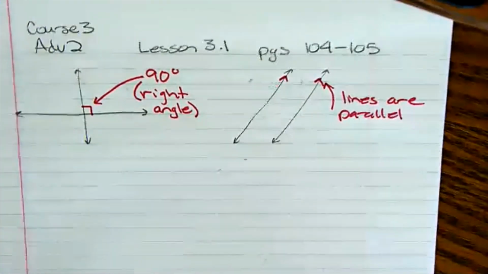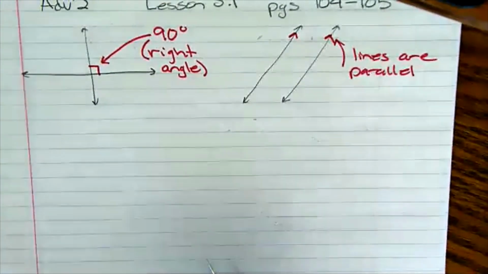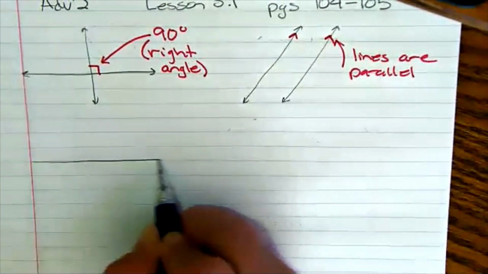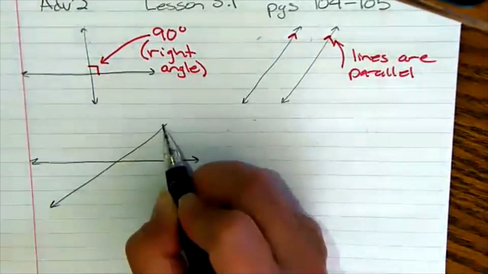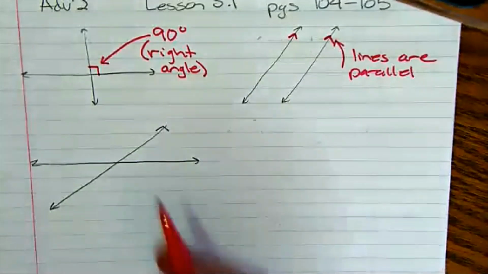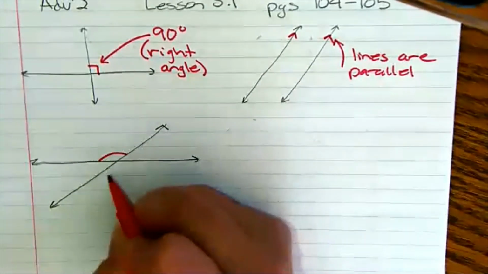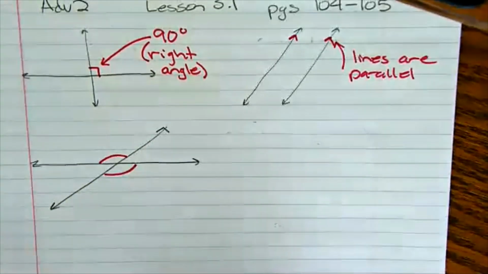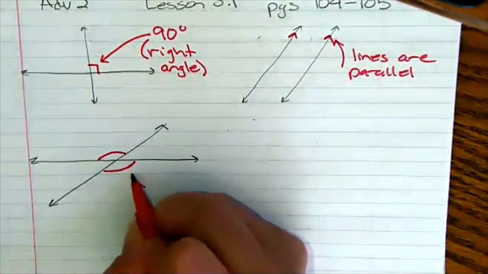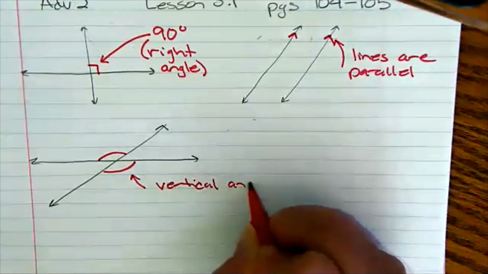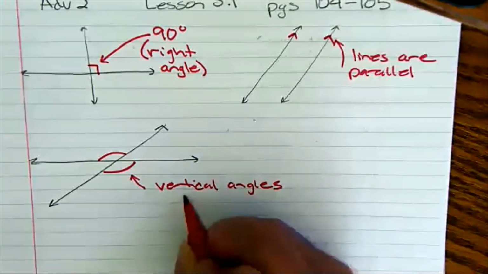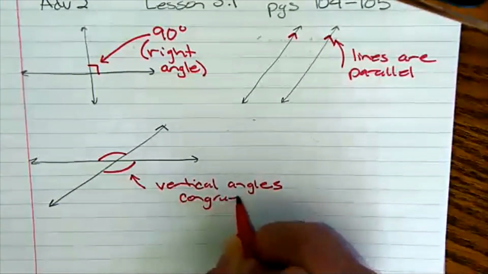And then what we've been doing for the past couple of days, we know that angles that are across from each other like this are called vertical angles. And we know that they are congruent.